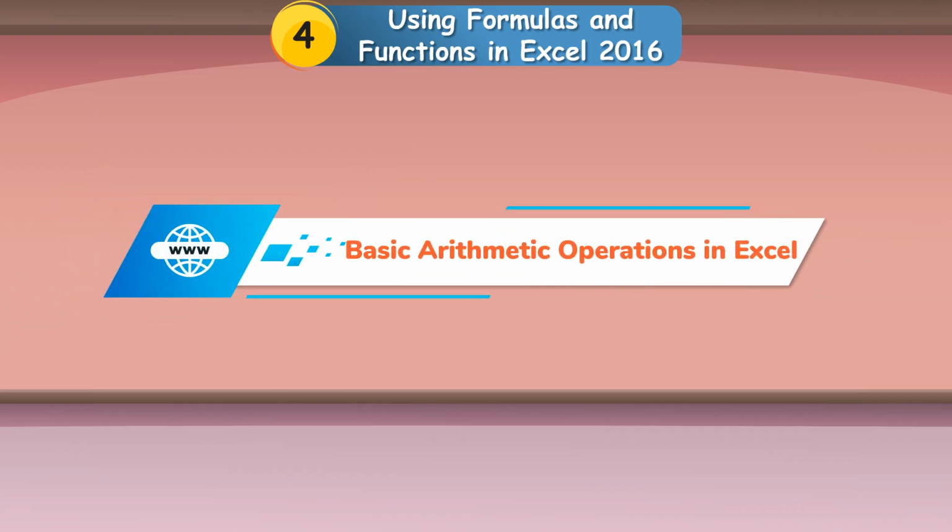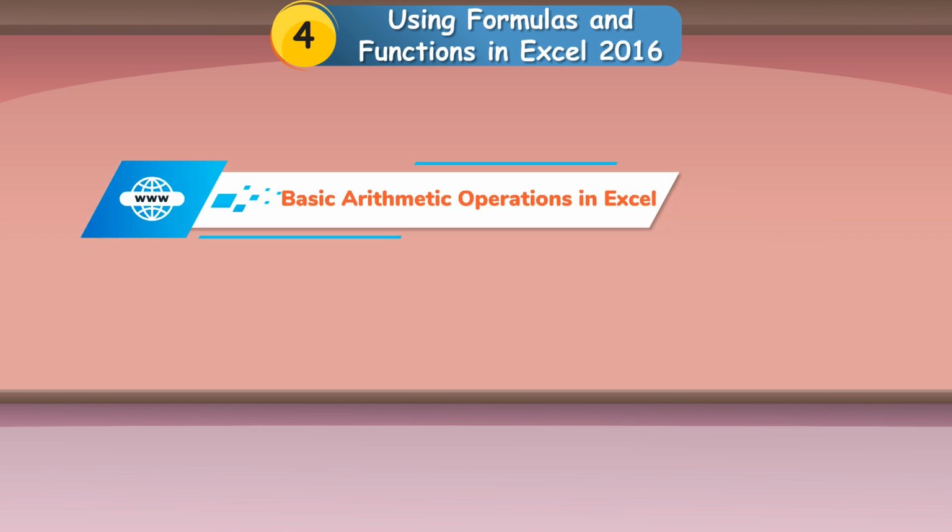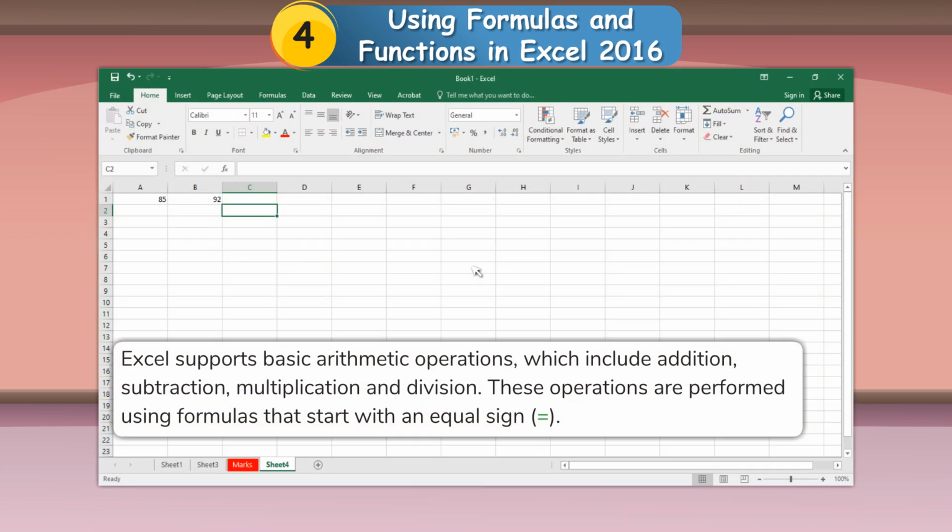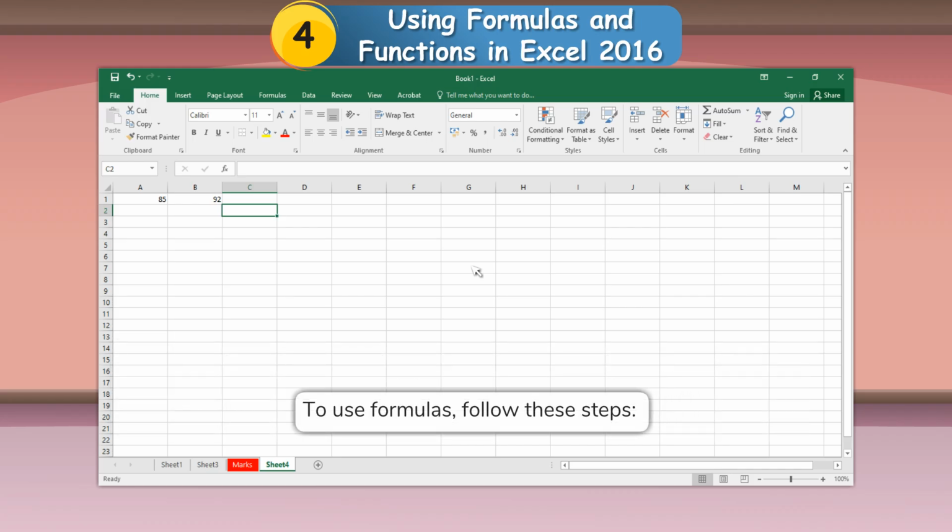Basic arithmetic operations in Excel. Excel supports basic arithmetic operations which include addition, subtraction, multiplication, and division. These operations are performed using formulas that start with an equal sign. To use formulas, follow these steps.